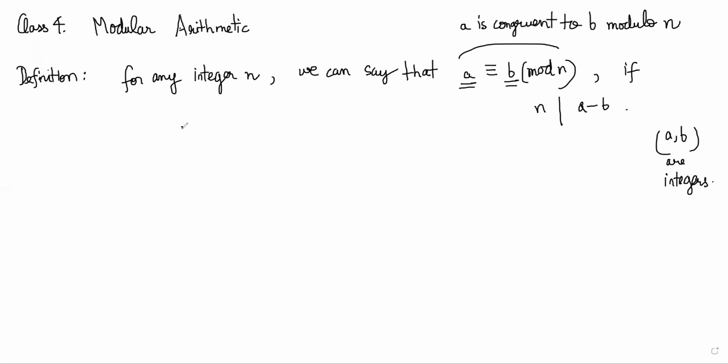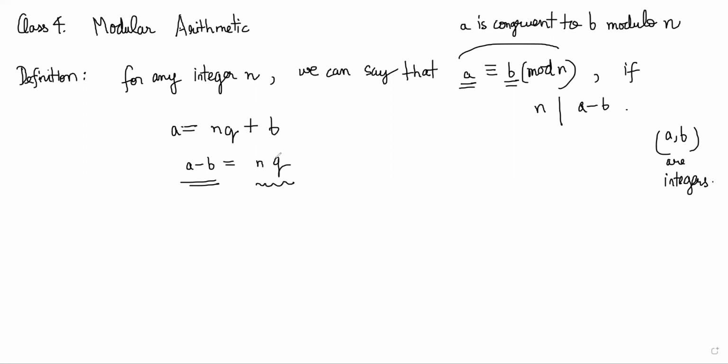Basically, you can say that A is equal to n times some quotient plus B, right? So A minus B is equal to n times some quotient. So A minus B is completely divisible by n.